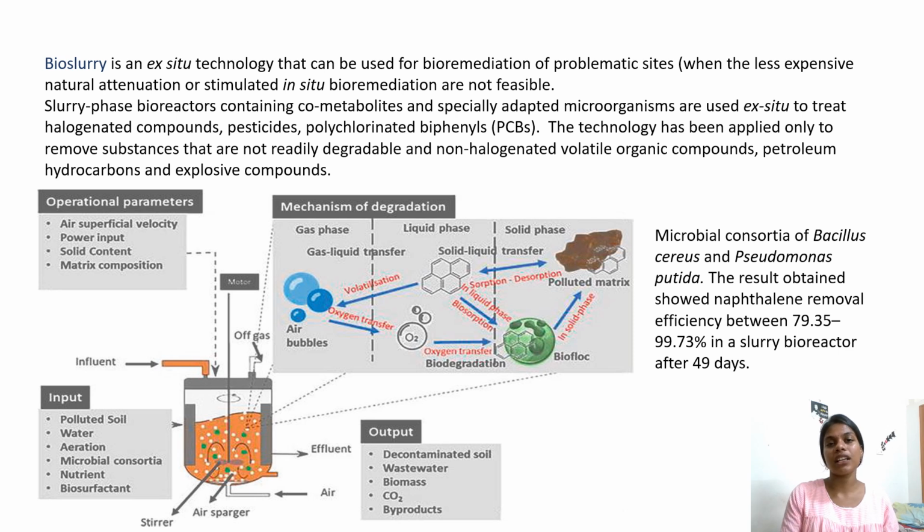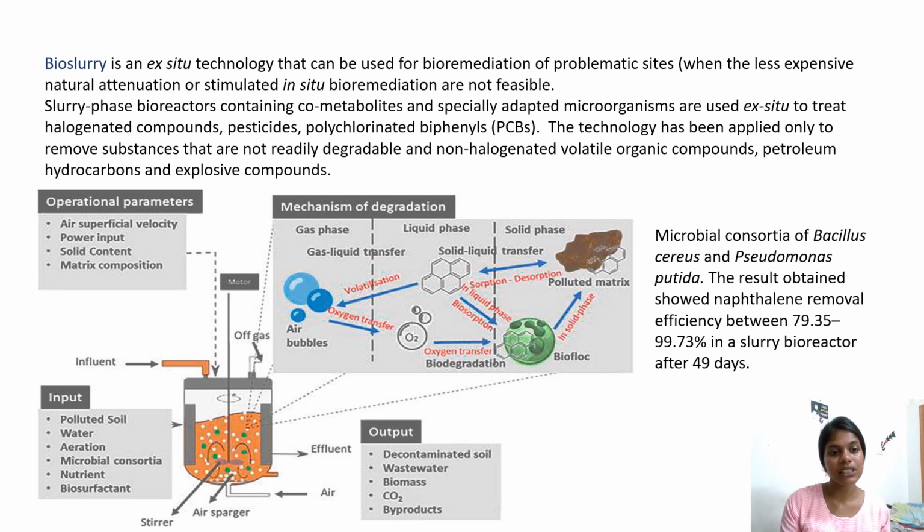Then we can take samples in and out to see the concentration of contaminants and metabolites. All this ensures maximum efficiency in bioremediation. It is an ex situ technology that can be used for bioremediation of problematic sites when the less expensive natural attenuation or stimulated in situ bioremediation are not feasible.